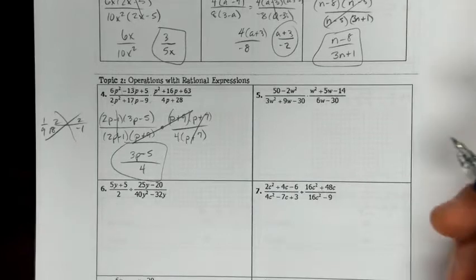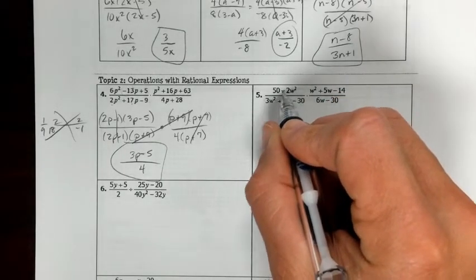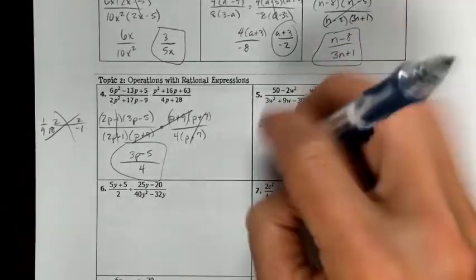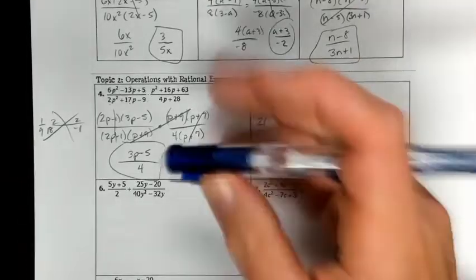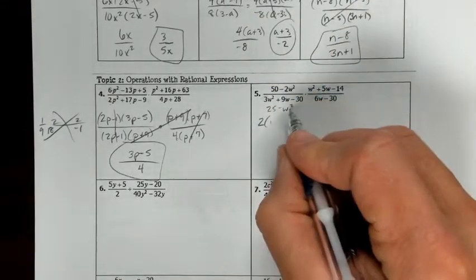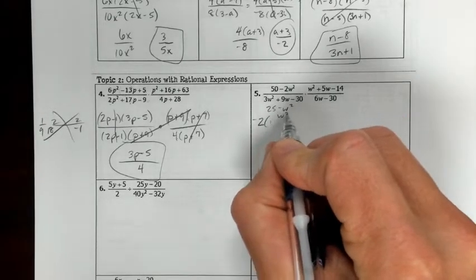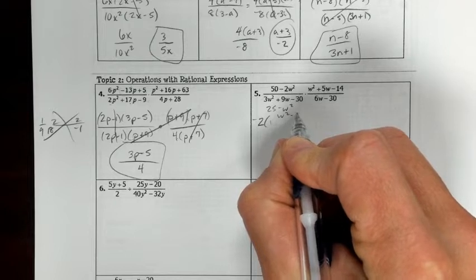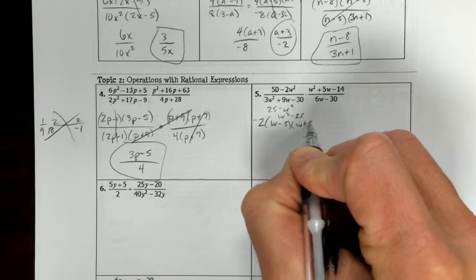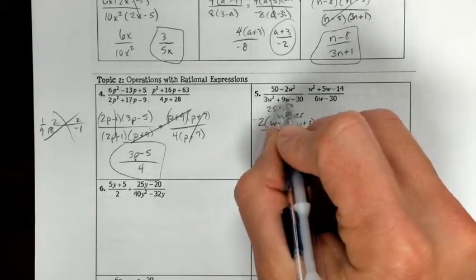Answer. Here we go, let's factor this. So negative 2w squared minus 50 can be factored, factor out a 2, that's going to be 25 minus w squared. So if I want to take out a negative 2 of that, it's going to be w squared minus 25, which is going to be w minus 5, w plus 5. Here I have an asterisk method. Oh no, sorry. Let's factor out a GCF.